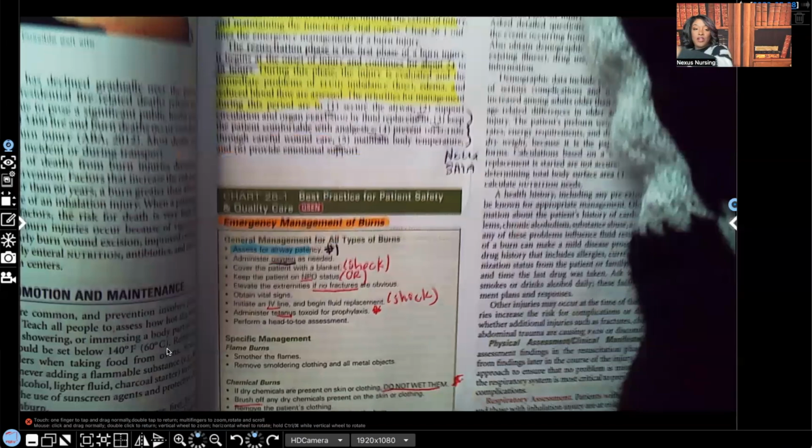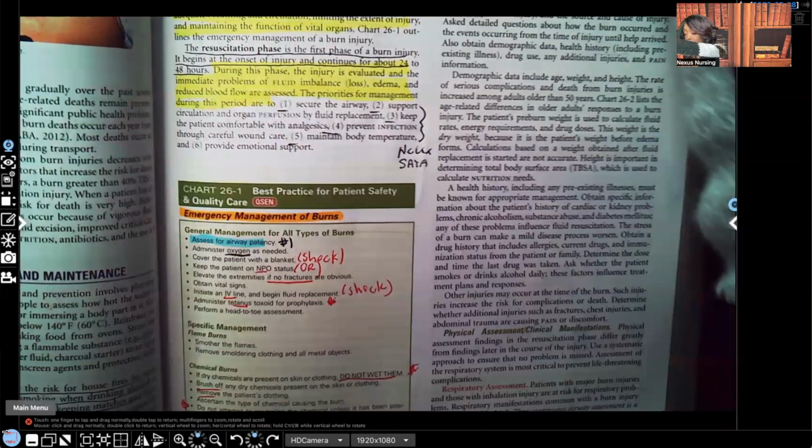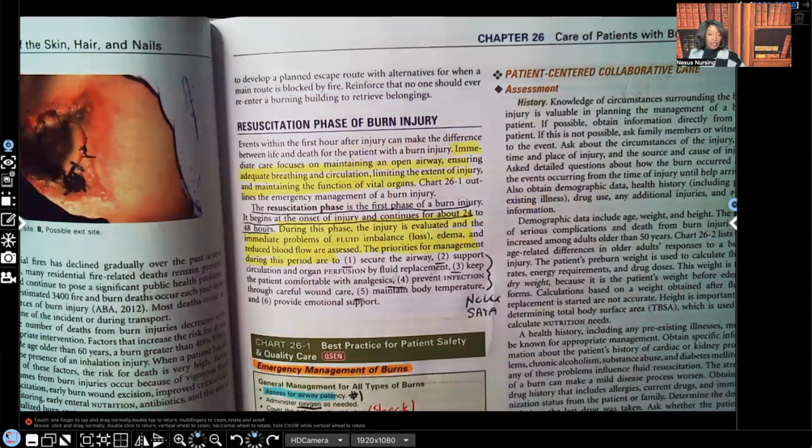Now, where I left off for part 2 of burns is the resuscitation phase. Let me make this bigger for you.